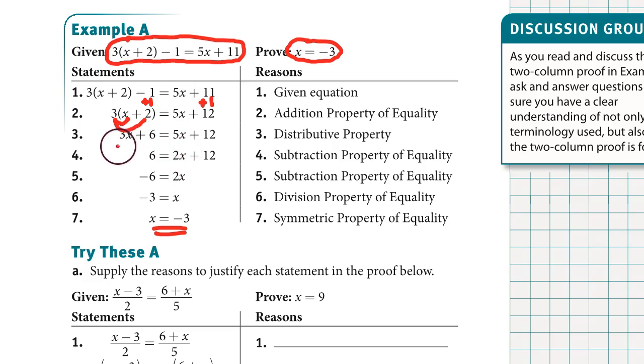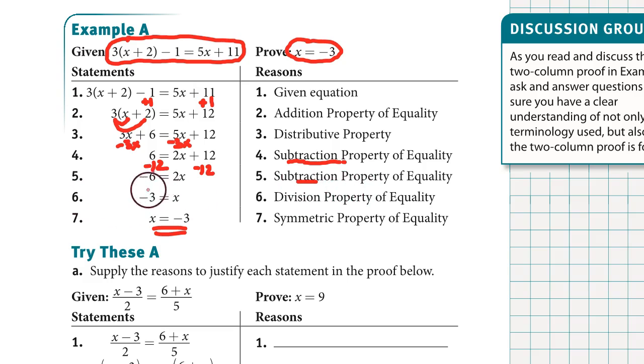Looks like that the 3x was subtracted from both sides, so our justification is the subtraction property. Going from line 4 to 5, can you tell what happened? It looks like that this 12 was removed using subtraction. Why can you subtract 12 on both sides? Because of the subtraction property.